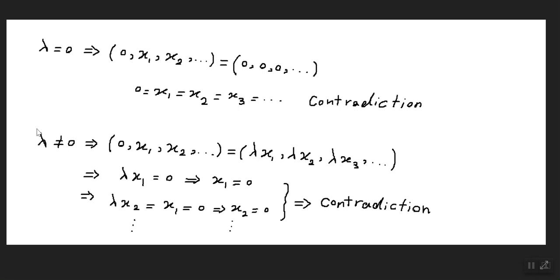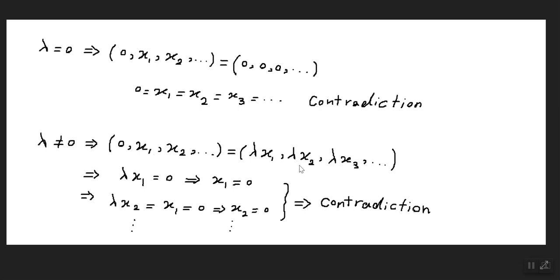Now, suppose that lambda is non-zero. Again, we get a contradiction. The left hand side is Tx, which is (0, x1, x2, ...), and the right hand side is lambda x, which is (lambda x1, lambda x2, ...). Comparing both sides, 0 must equal lambda x1, and since lambda is not 0, x1 must be 0.